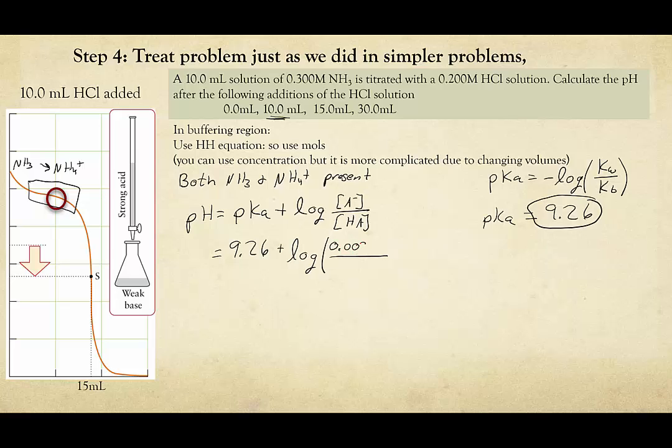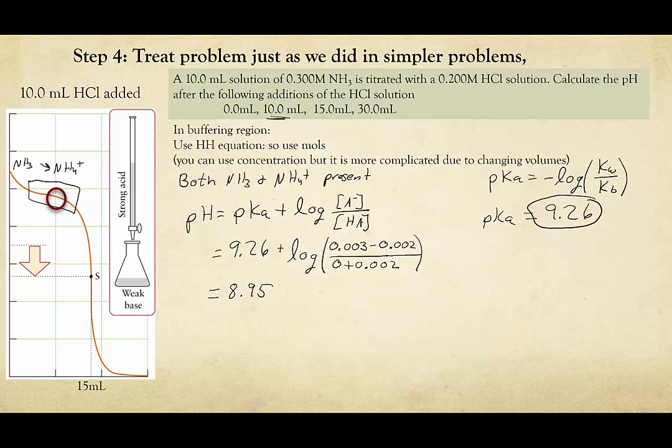We initially start with 0.003 moles of NH3, and then we react away the amount that we add of HCl. Since we added 10 mils of a 0.2 molar solution, we are left with 0.002. Similarly, we started with no HA, and we added the amount equal to the amount of the strong acid we added. From here, we plug into our calculator to get our answer.